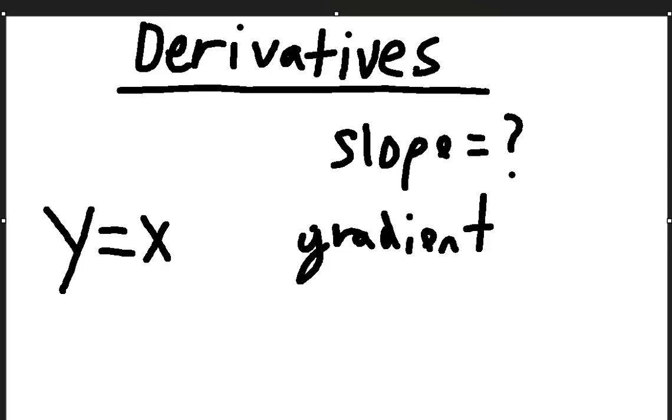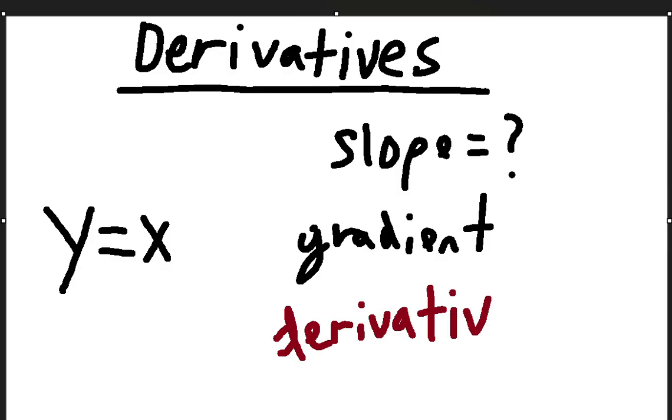In this case, we're going to call it the derivative. But these are all synonymous terms. Point is, we want to know the slope of this graph.